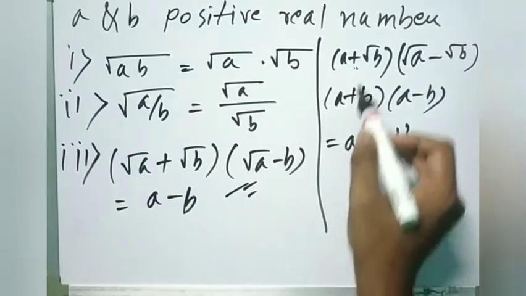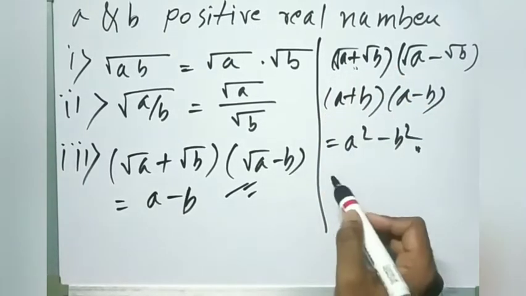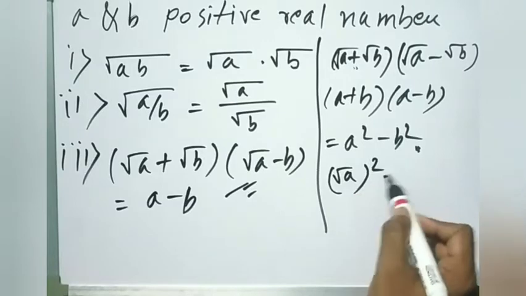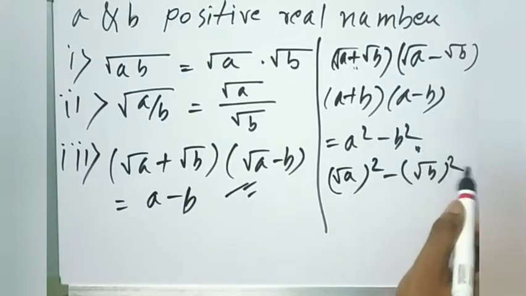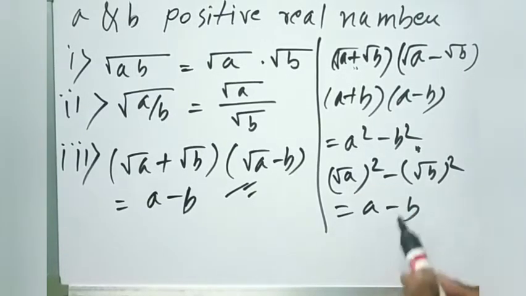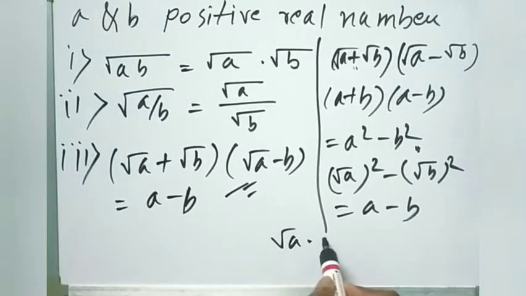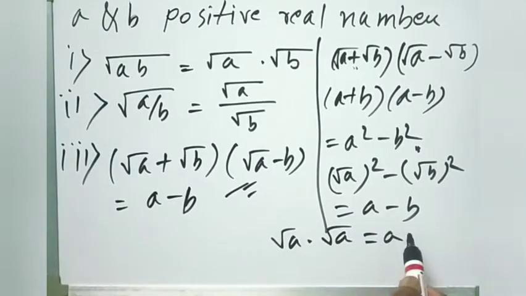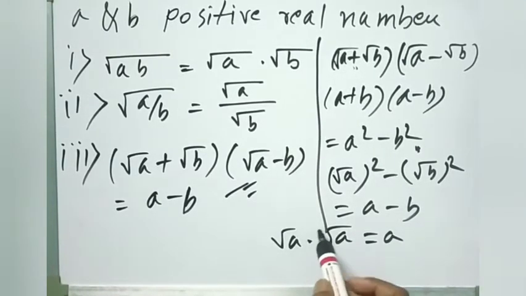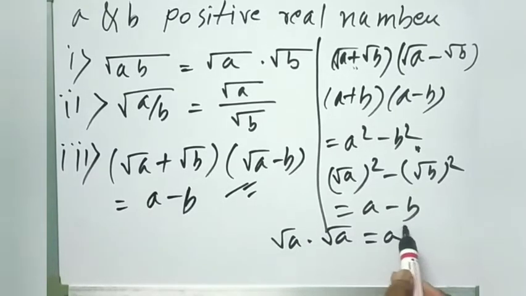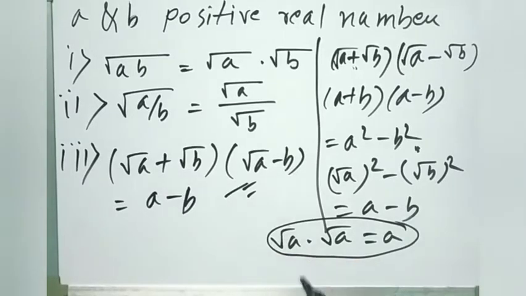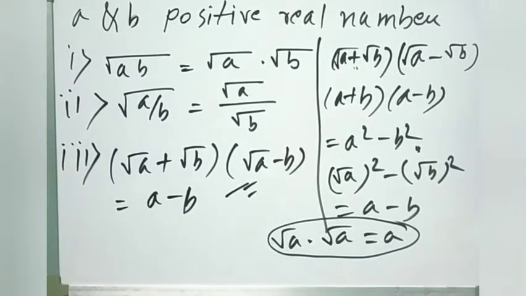Definitely it will be root a square minus root b square, so a minus b, because root a into root a equals a. How root a into root a equals a, we will prove this also in a coming session.